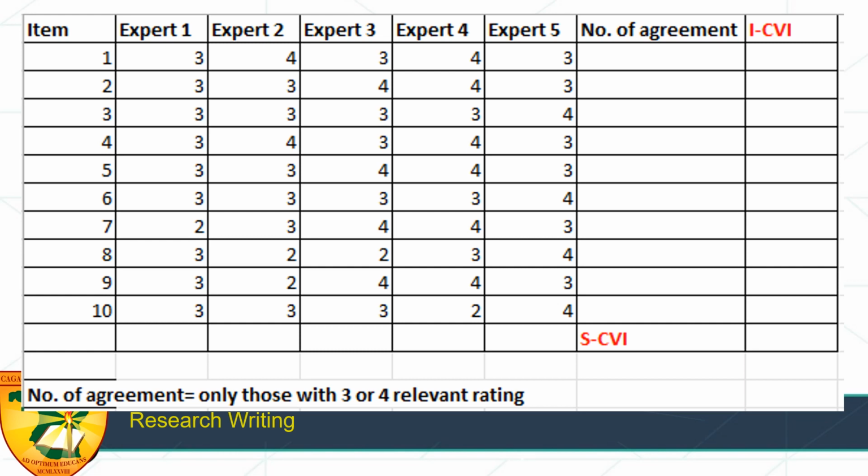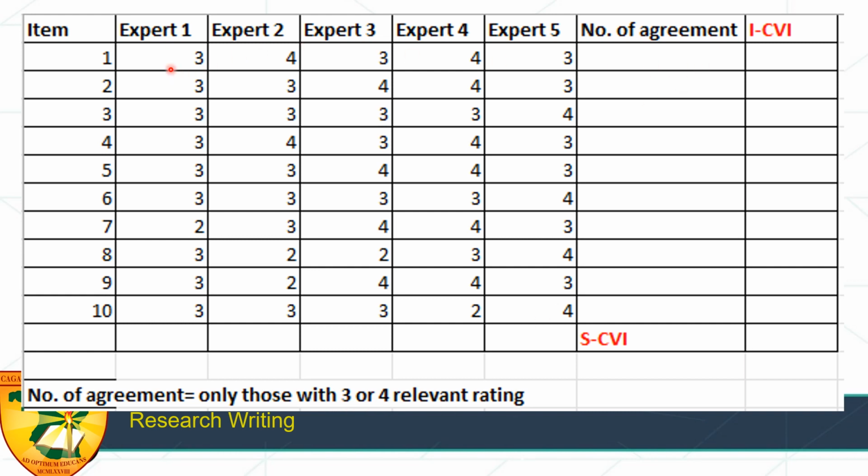If you can still remember, in our clarity and validity assessment form, we have ratings 1 to 4. So you can put here the ratings of your experts. For example, for item 1, we have 3, 4, 3, 4, 3. And remember, for ICVI, only those with agreement, only those with a 3 or 4 relevant rating, will be considered.